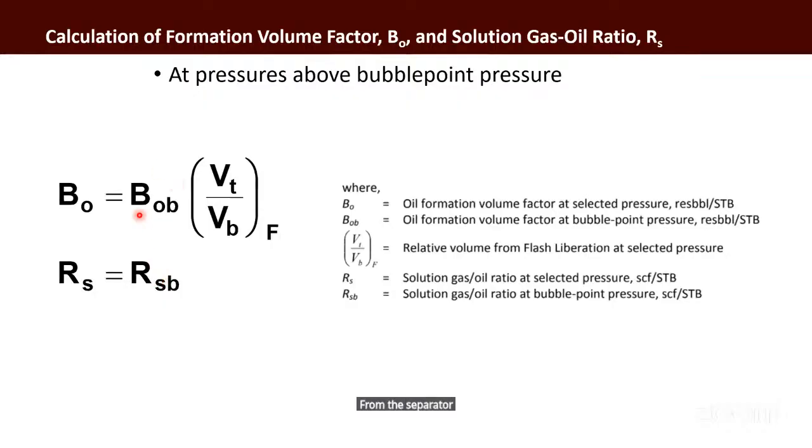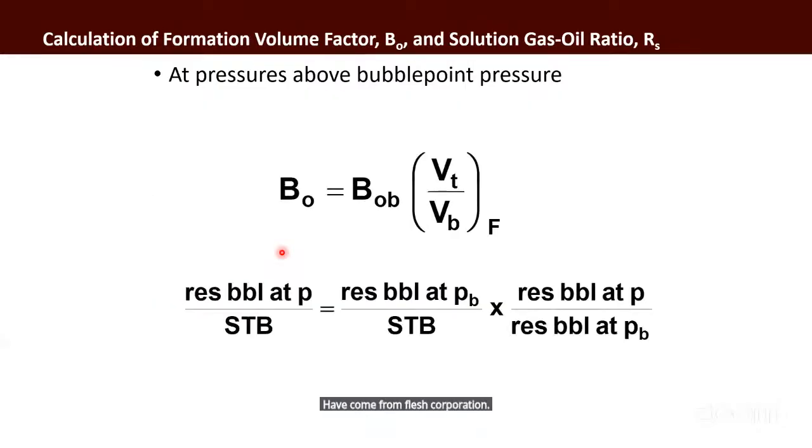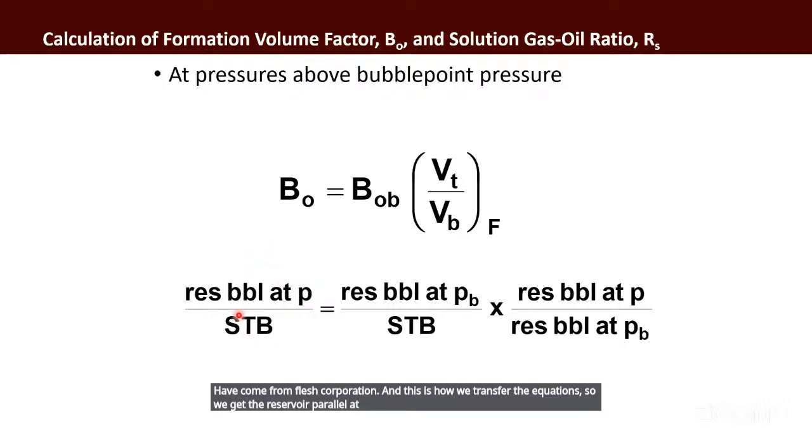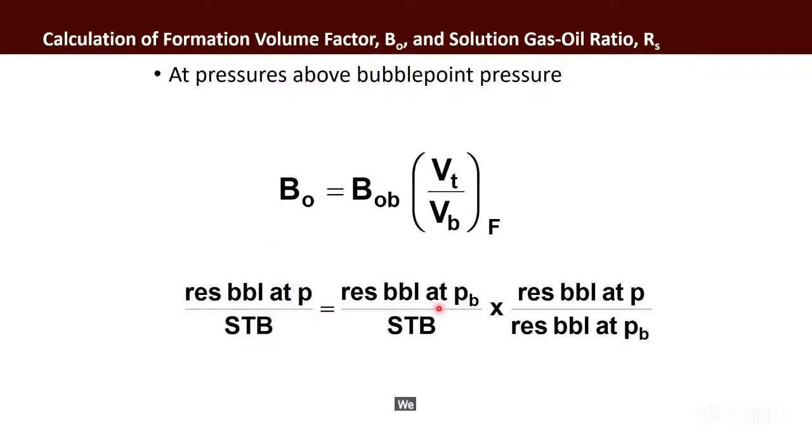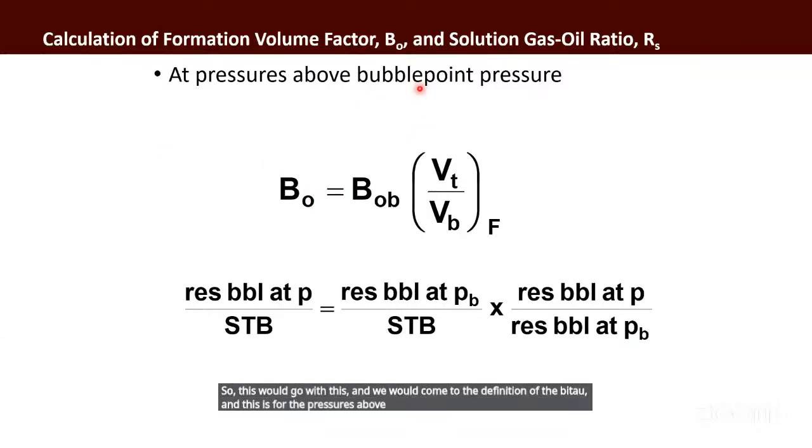So these two values come from the separator test and this value will come from flash vaporization. This is how we transform the equations. So we will get the reservoir barrel at the defined pressure per stock tank barrel. We calculate this as stock tank barrel per reservoir barrel at the pressure and reservoir barrel at the bubble point. So this will go with this, and we will come to the definition of beta O, and this is for the pressures above the bubble point.